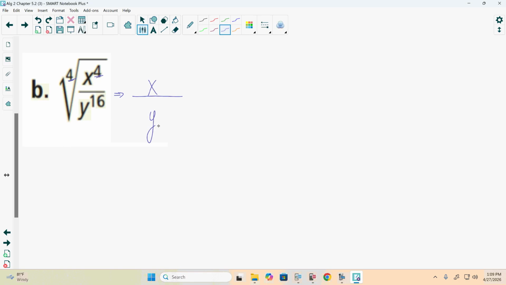On bottom, if we divide this 16 by this 4th power, we get 4. And because the exponent on top, the x, went from having an even power to an odd power after we applied an even root to it, we have to put those absolute values, because the 4th root of x to the 4th has to be a positive number.